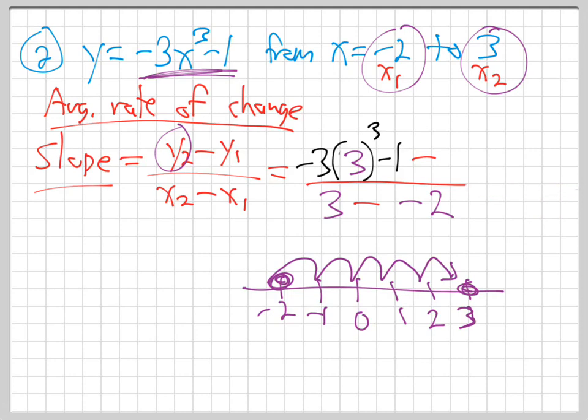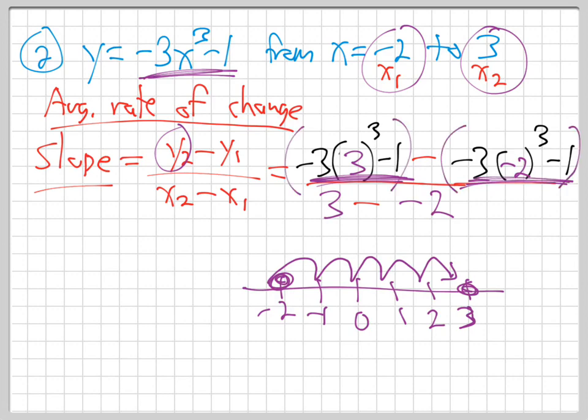Subtract. I'm going to have to move this over so we have room. Subtract, and then you've got to do the same formula again. This time plug in negative 2. This formula and this formula, and you put parentheses around them. There we go. Do you see what I'm doing there?